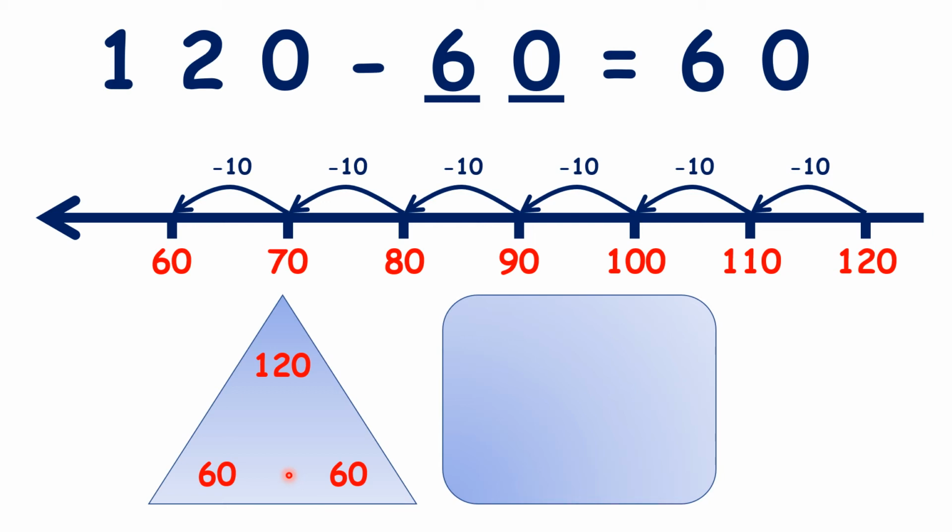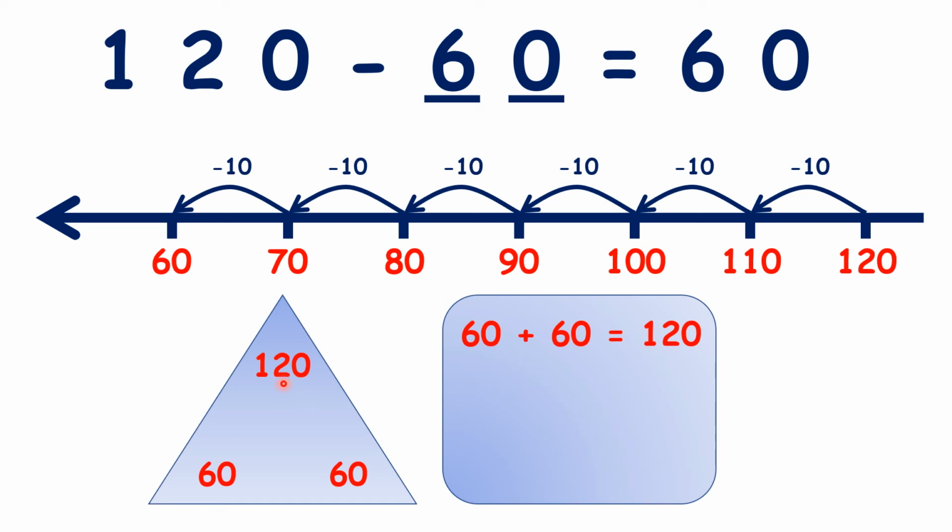All we can do is add our bottom numbers. So 60 plus 60 is 120. But when our bottom numbers are the same, we can say something else. So here, we can say that double 60 is 120, because when you add a number to itself, you have doubled it.